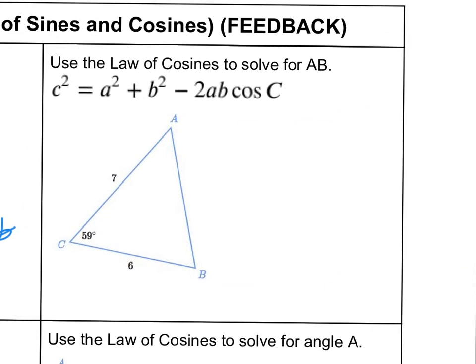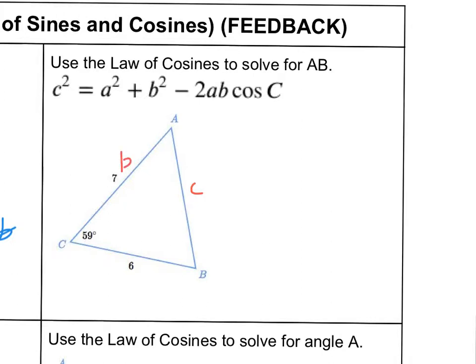All right, using law of cosines, and here we're trying to solve for the length of AB. You might also notice that that would be called lowercase c. Here we've got B is 7 and A is going to be 6. For law of cosines, I want to use whatever formula gives me the value I need. That happens to be the one that we have written here.